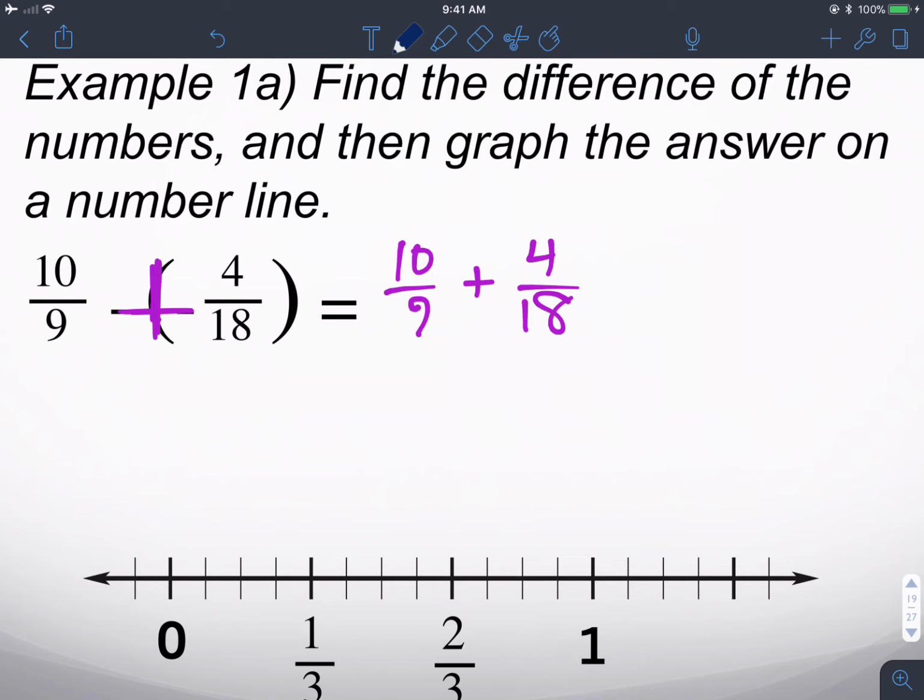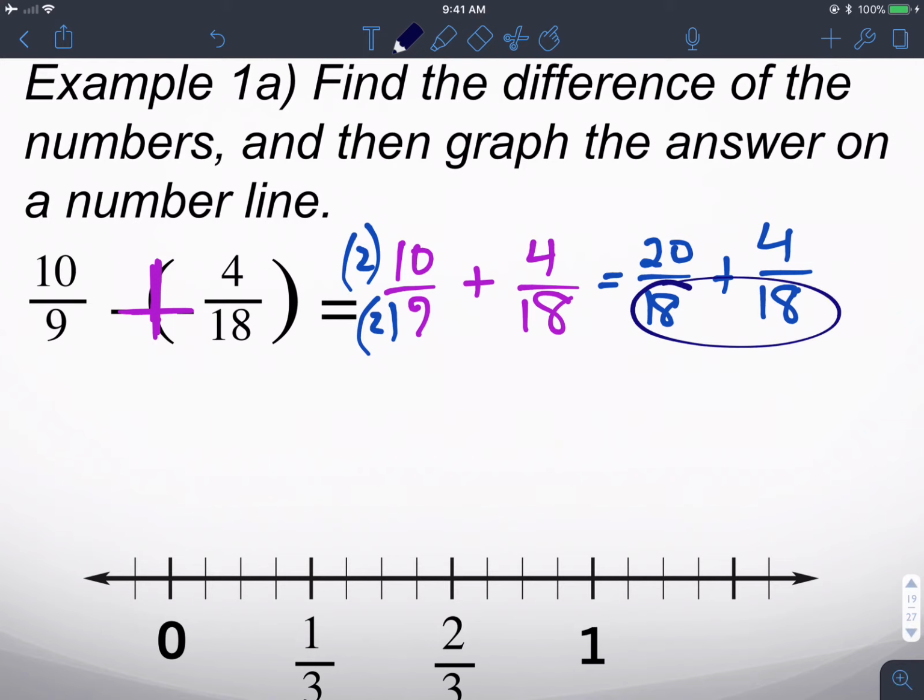Right? So what is a common denominator of 9 and 18? 2. Times 2 on the top and bottom. But I never have to fill out this. Leave the denominators alone when you add and subtract. And so this will become 24 over 18.